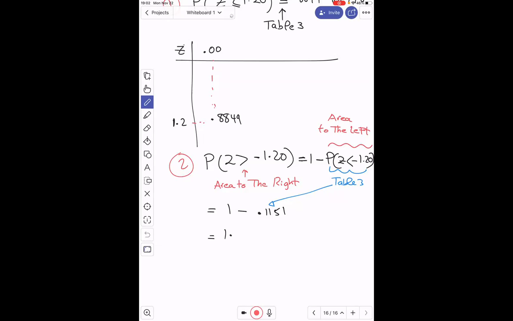You can use a calculator, of course. So this is 1 minus 0.1151, and the answer would be 0.8849. In other words, if you take 2 digits after the decimal point, that's 88.49%.